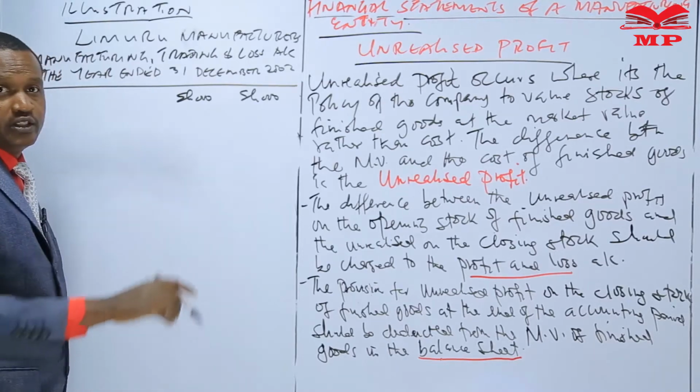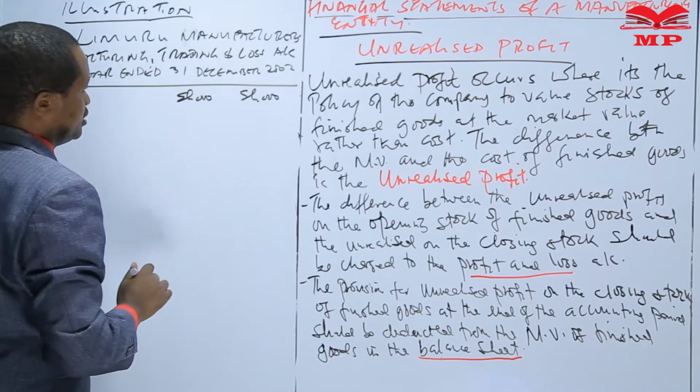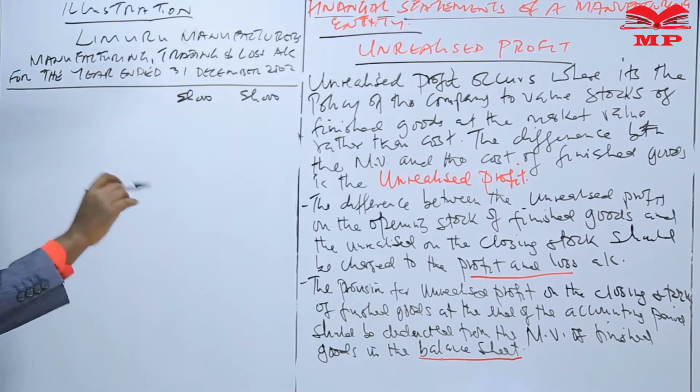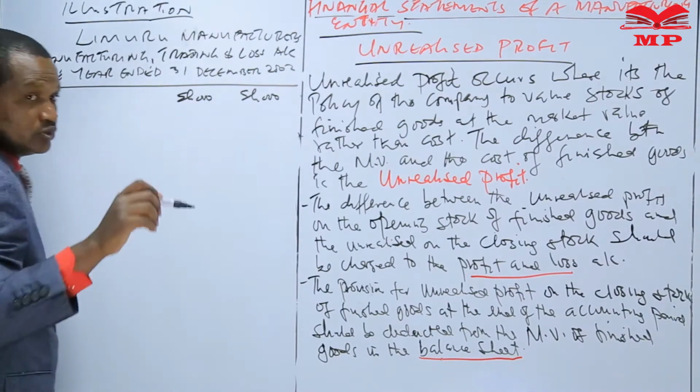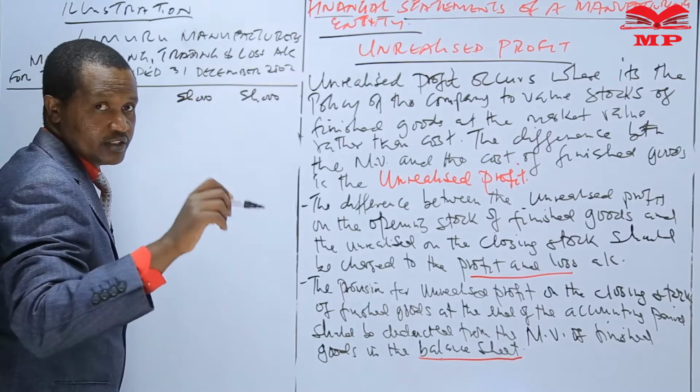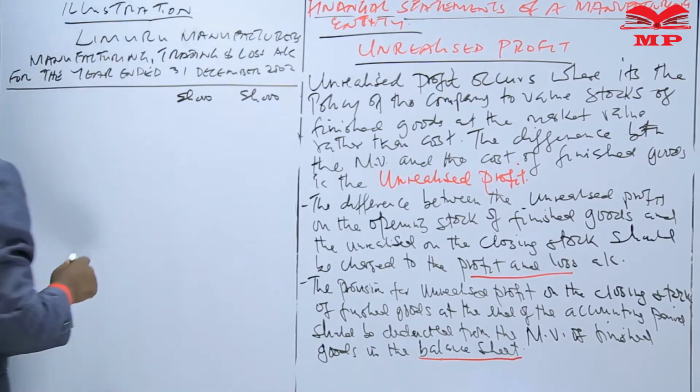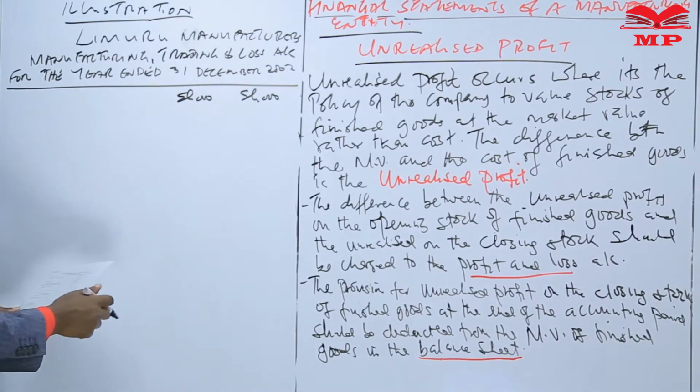So we'll first do the cost of production, then we'll add the profit to get the market value of finished goods. So let's start with the cost of raw materials.